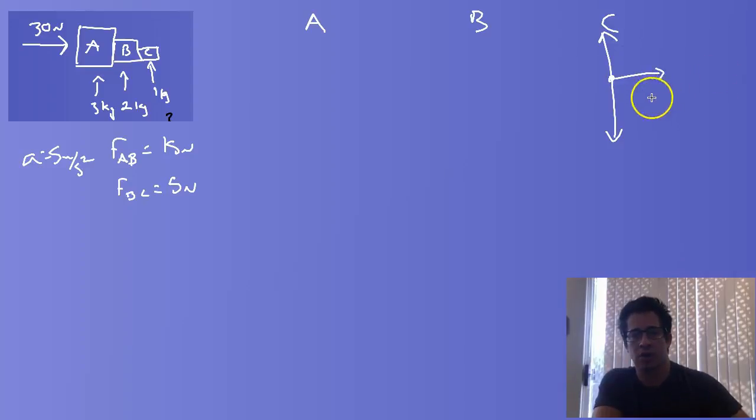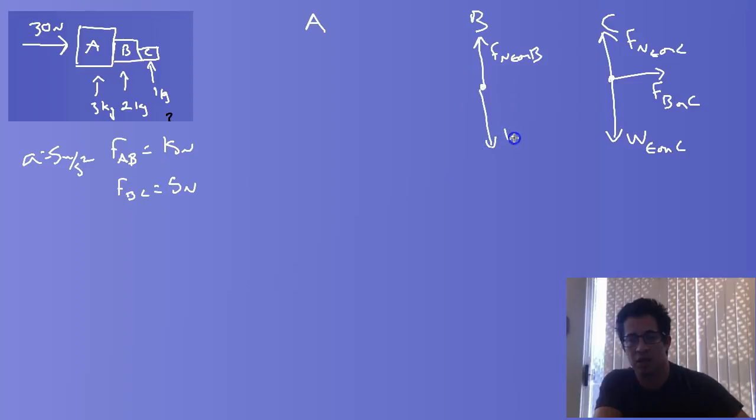So object C experiences a push this way from B. So this is a force from B on C. And then we have the weight of C, the weight from the earth on C. And then pushing up we have the normal force from the earth on C. Working backwards to B, we have normal force upward from the earth on B. We have downward weight from the earth on B.